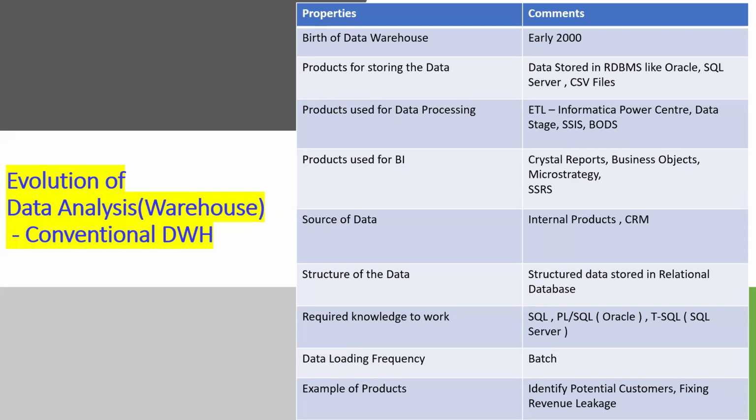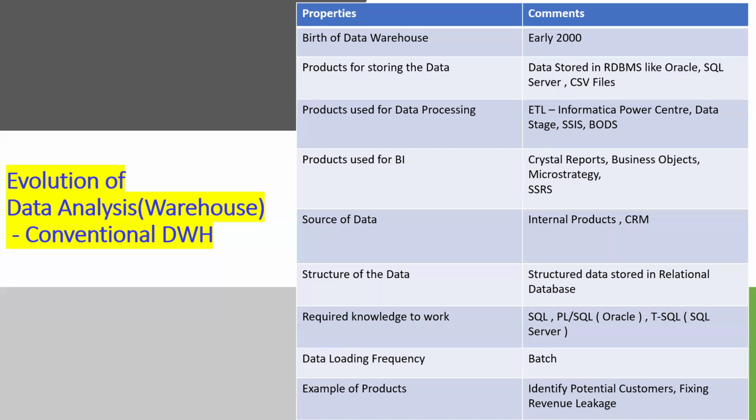After the data was centralized into the conventional data warehouse, every company started building products like dashboards for potential customers who are ready to switch or quit the business. With these dashboards they could see the percentage of customers and the revenue loss if you lose a customer.